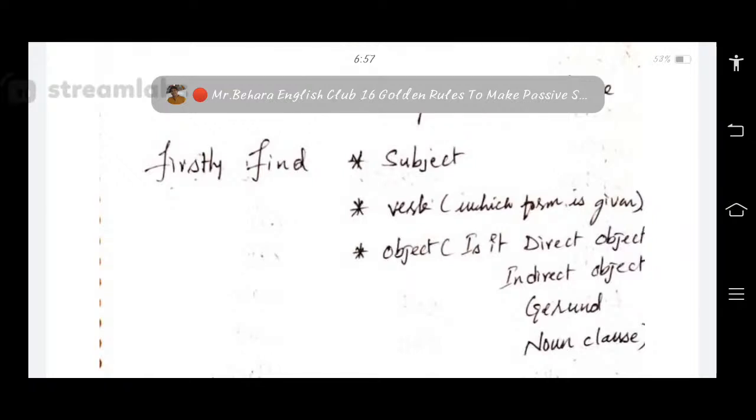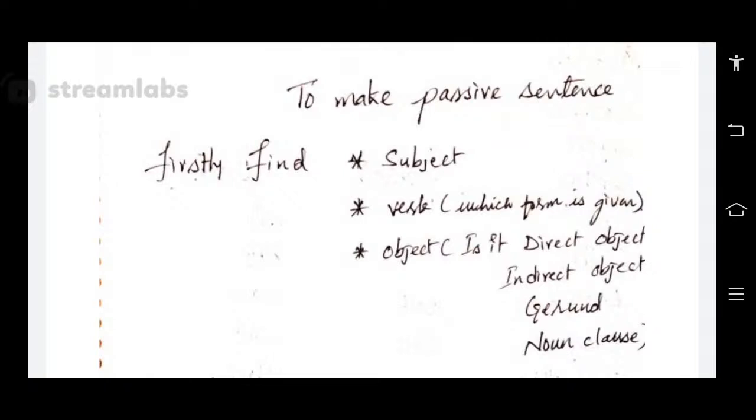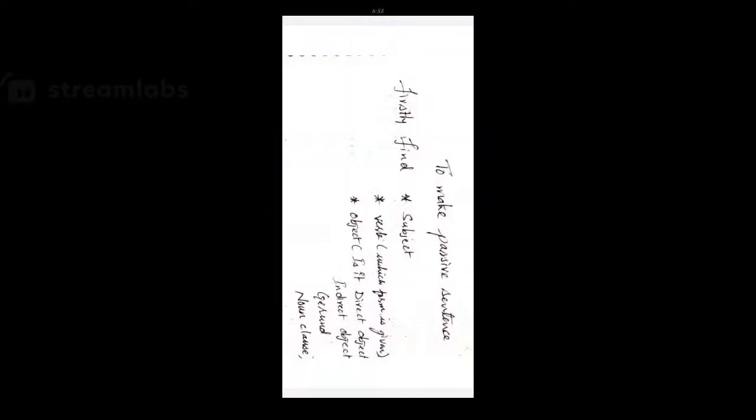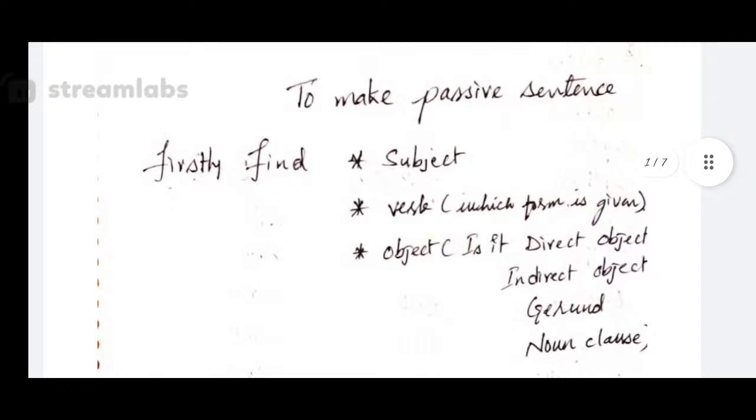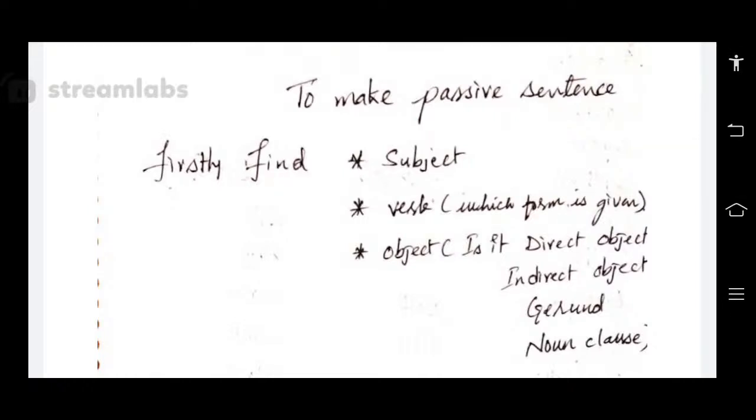So far in the 3 sessions we have discussed, as it was titled itself, the golden rules. So far we have learned many things with regard to in what way we can make passive sentences.